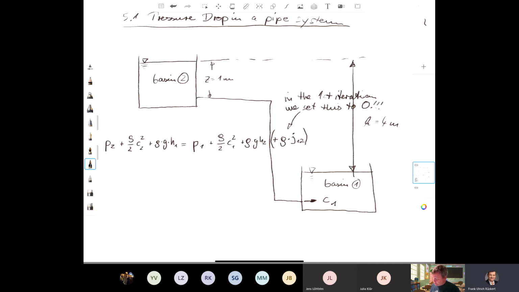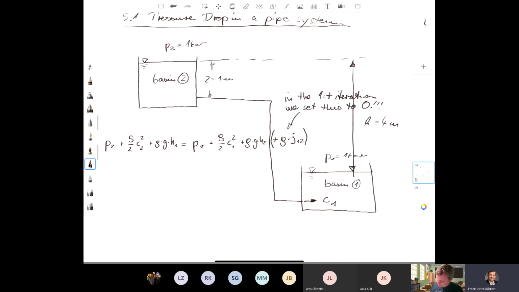So let's do the first calculation. Okay, we need P2 and P1 is the same. Yeah, let's say P2 equals 1 bar, P1 equals 1 bar.